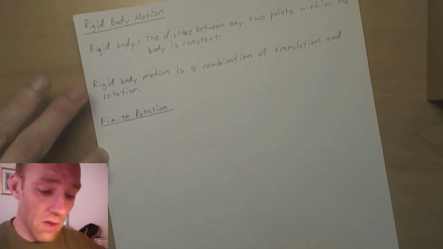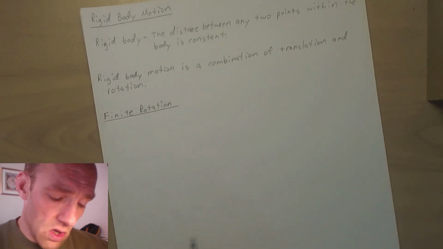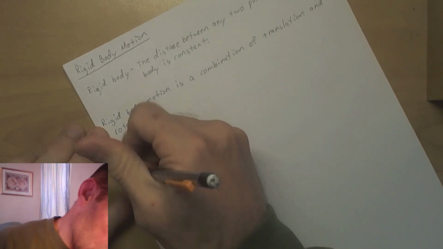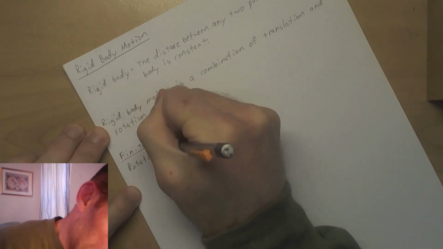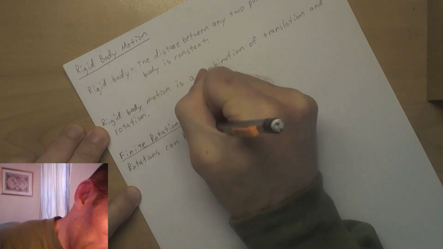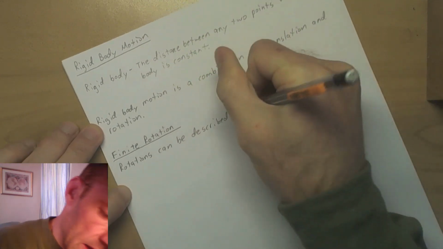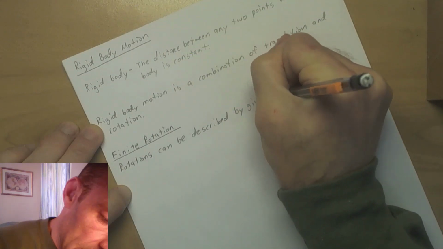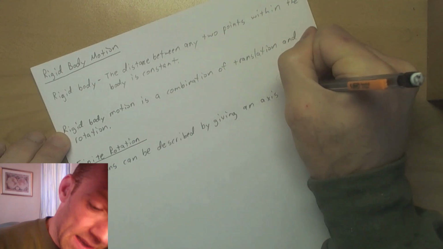Now, how do we even describe rotation? Well, rotations can be described by giving an axis and an angle.